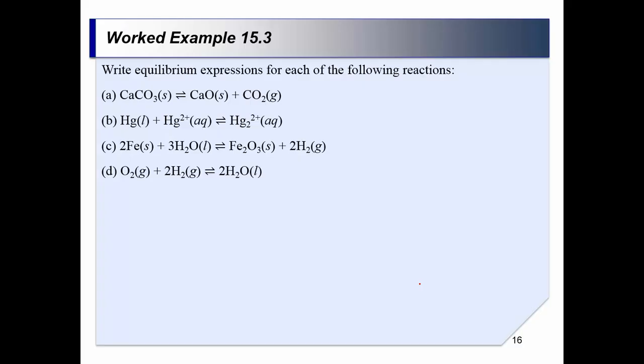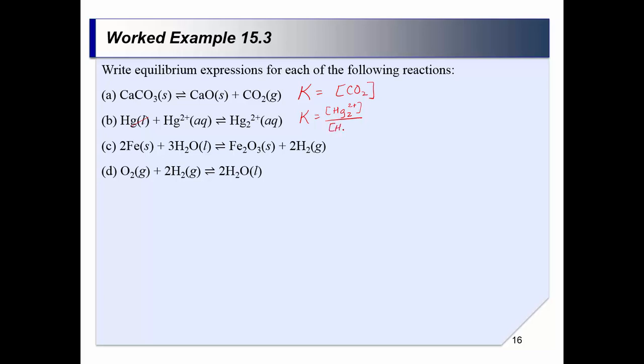So if we're going to write equilibrium expressions for each of these reactions, then now you have to pay attention to the phases. So for example, for A, the equilibrium constant, K, is only dependent on the concentration of carbon dioxide. For B, we have liquid mercury. That doesn't count, so the K is going to be dependent on the mercury 1. Remember, mercury 1 is a diatomic ion.